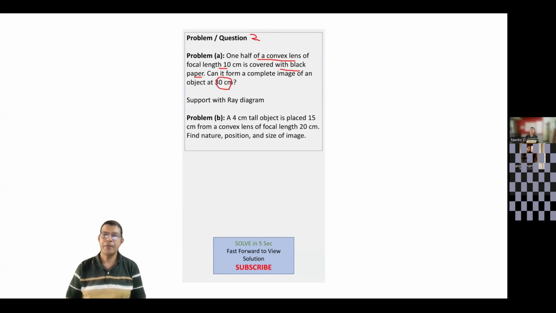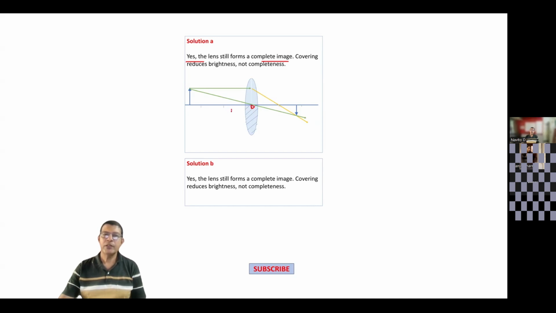Focal length is 10, so 2f will be 20. And it is given that object distance is 30.